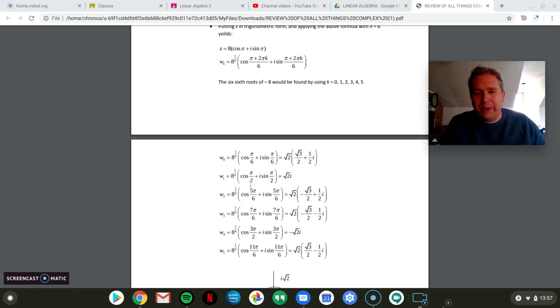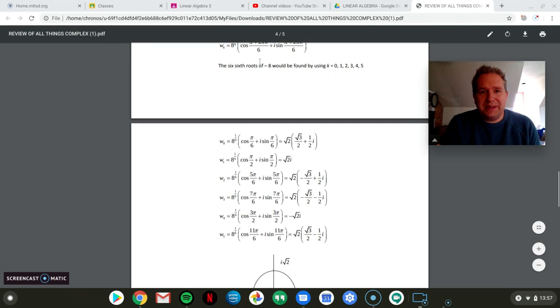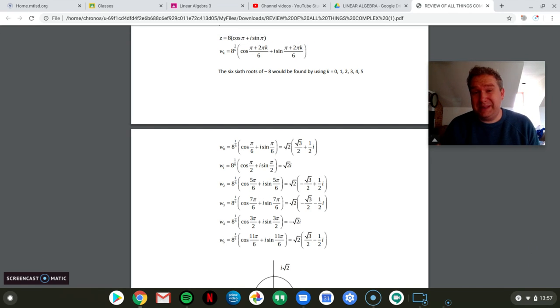Again, just evaluate each one of those separately, okay? Continuing on, the next one would be pi plus 2 pi times 2, so pi plus 4 pi, so 5 pi over 6, et cetera, each evaluating each one of those. And those are the sixth roots of -8. So while -8 is not a complex number, it certainly has complex roots.